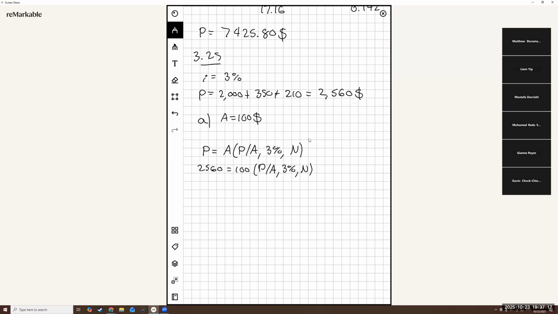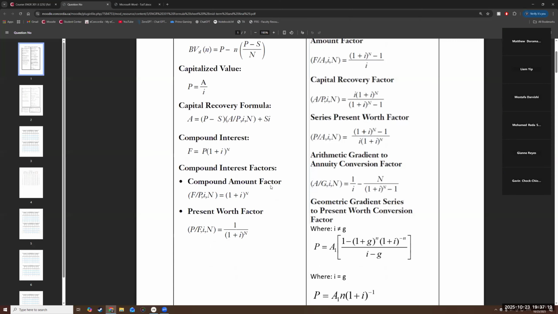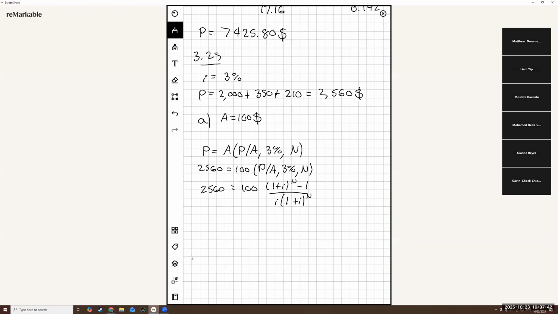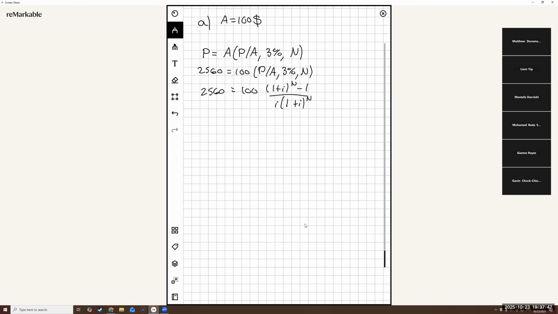Okay, let's substitute our formula. It is (1 plus i) to the power of n minus 1, over i times (1 plus i) to the power of n. That's what I just wrote here.